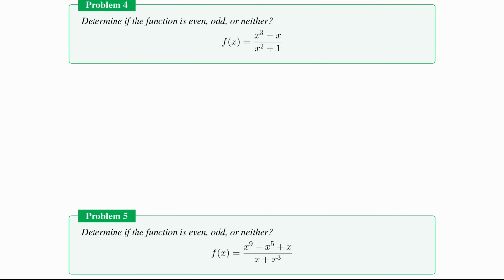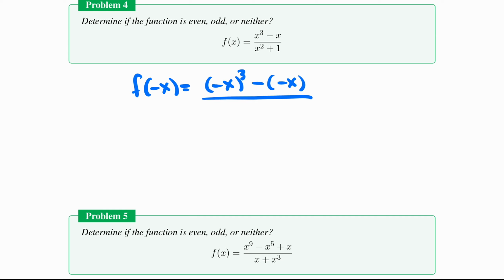All right, so now let's plug in a negative x. And at the top, I'm going to get negative x to the 3 minus negative x, over parentheses negative x squared plus 1. And let's simplify.